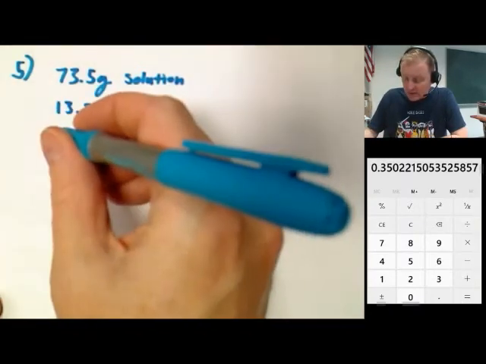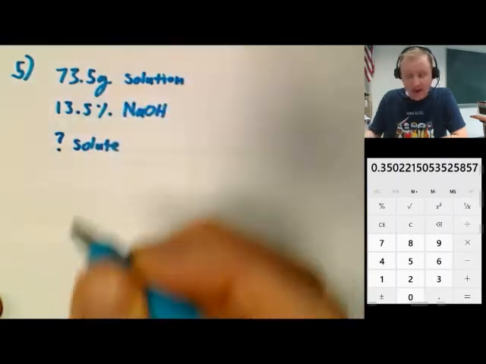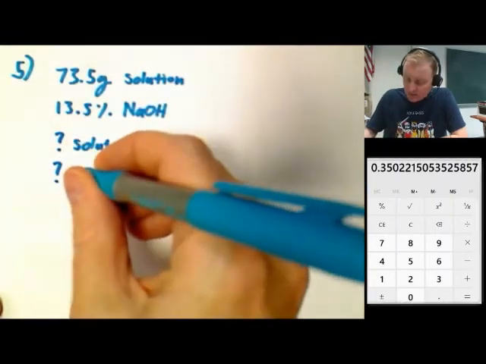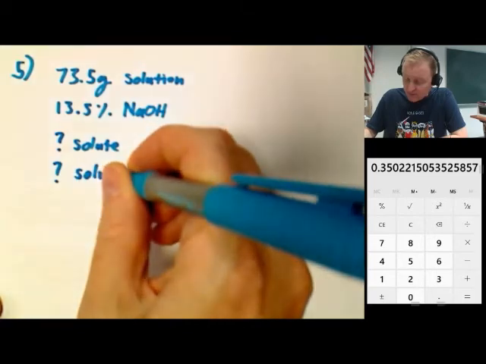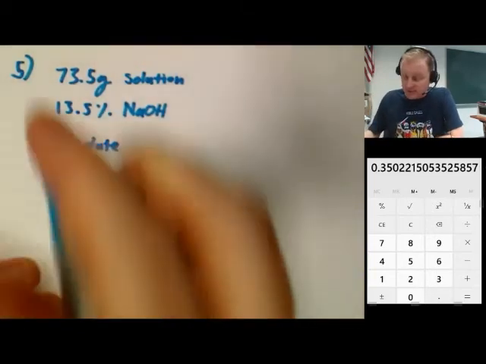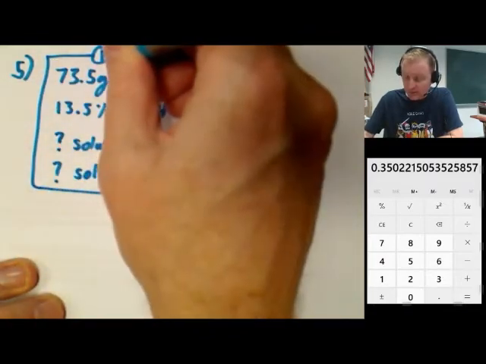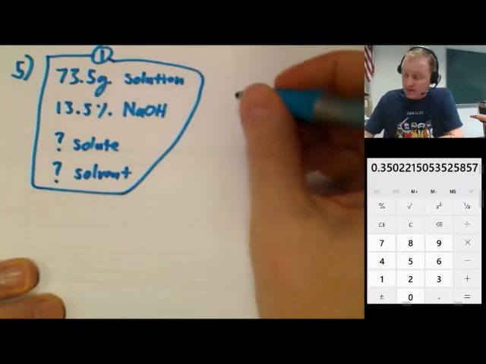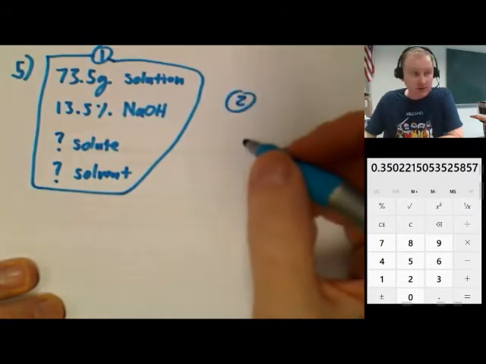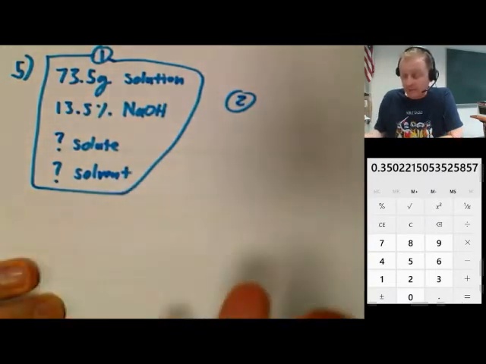How can I make this solution? Well, I need to know how much solute to add, and I need to know how much solvent to add, how much water. So I need to know these things. The first thing I would recommend doing is, what do you know? The second thing you should do is, this is what you know from the question, what do you know from experience?